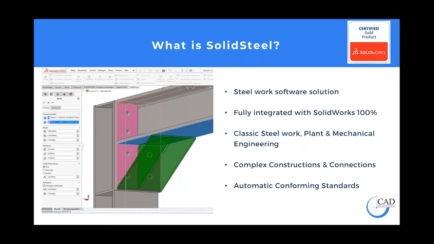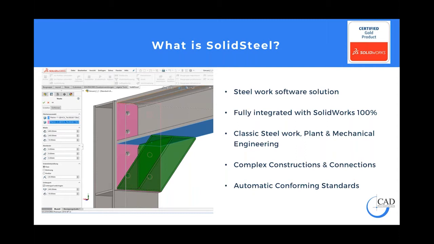SolidSteel is a certified gold partner of SolidWorks, and you may have seen that logo before up in the top right-hand corner. But what does that really mean? A gold partner means its functionality is integrated with SolidWorks, and it is required to keep up with service packs as they are released by SolidWorks, as well as maintain ongoing customer support for their users.